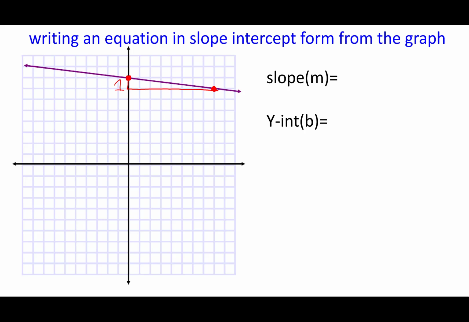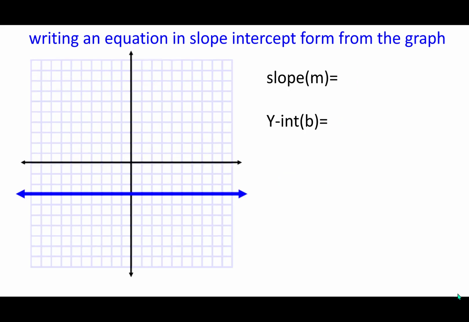My run is 8. So I get 1 over 8. And notice how this is slanting downward from left to right, so that makes it negative. Now my y-intercept is the point 0, 8. So y is going to equal negative 1/8 x plus 8.